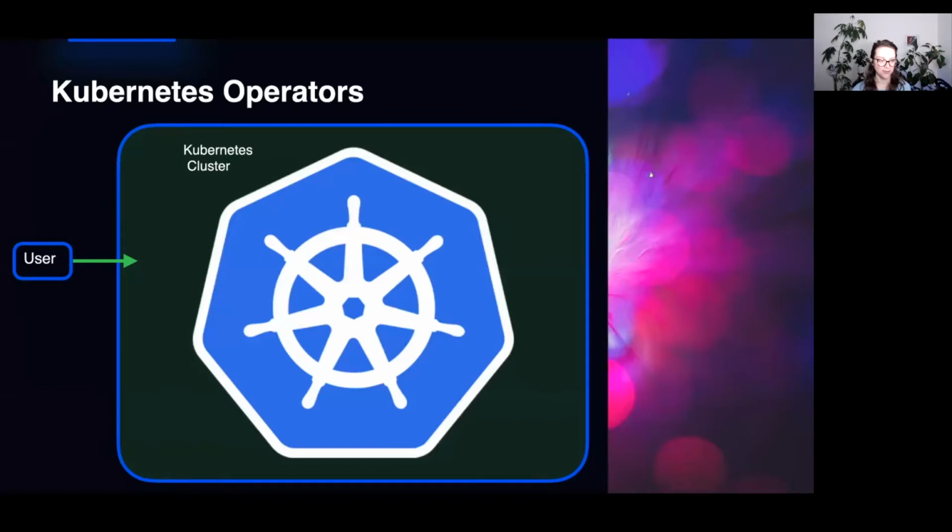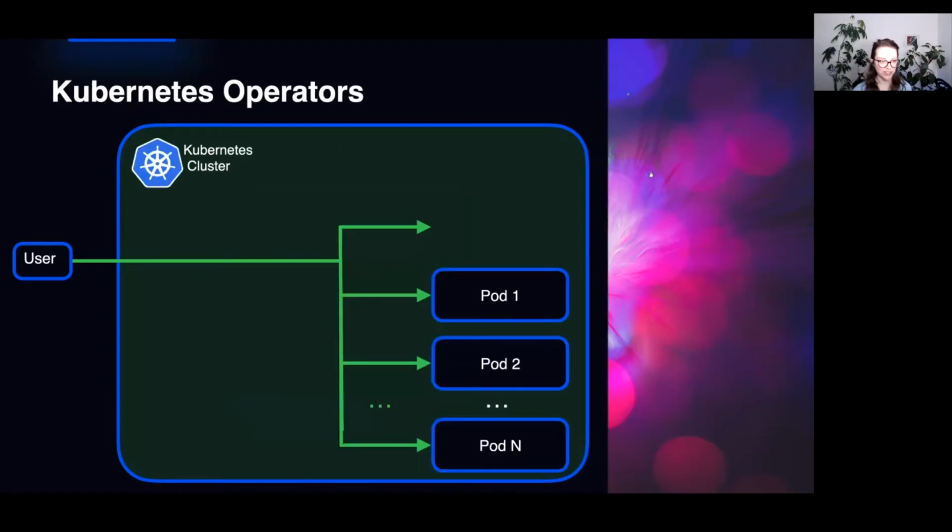We start with a user that wants to do things, so it sends a command to the Kubernetes cluster. The API server exposes this HTTP API that, as we said, lets the end users, the different parts of the cluster, and the external components communicate with each other. Kubernetes creates pods to host the application instances, and each pod is tied to a node.